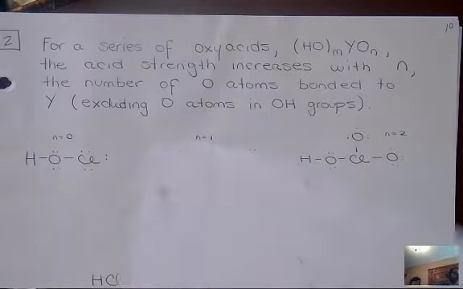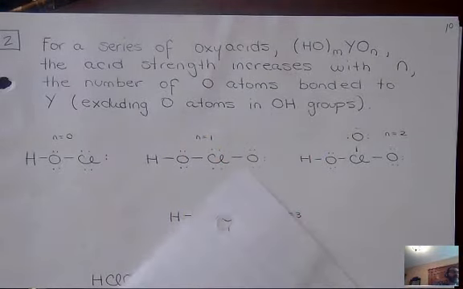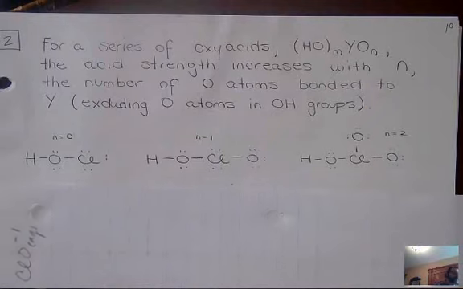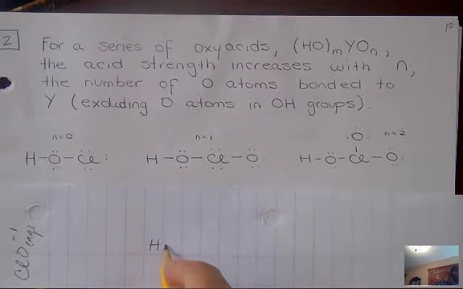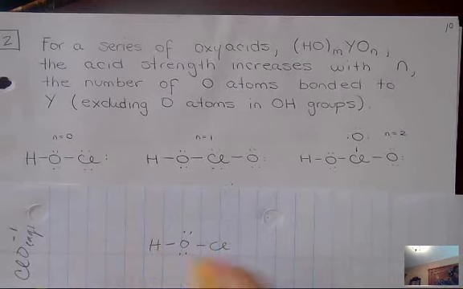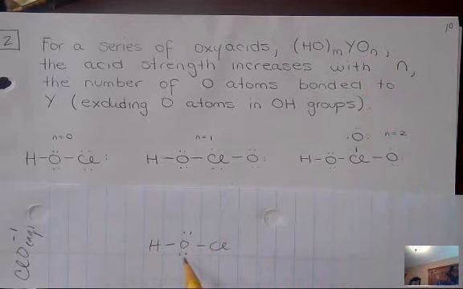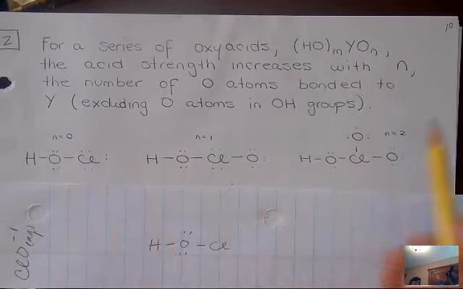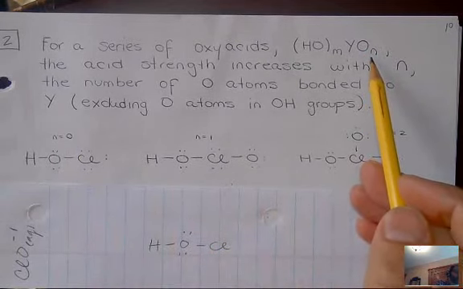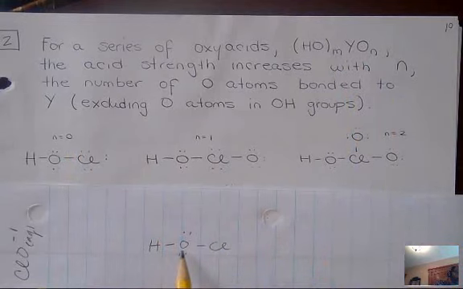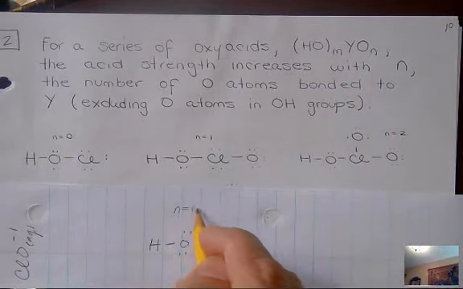So if you look at the example that we just did, HOCl, which I have here, and you look up here, there's no extra N's. There's nothing extra over here. All of the O's are in the OH group. So this one has N equal to 0.